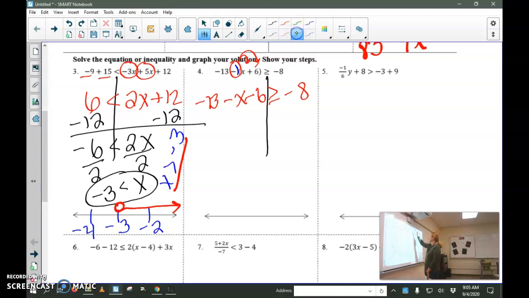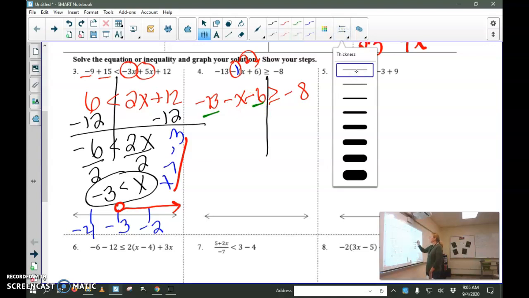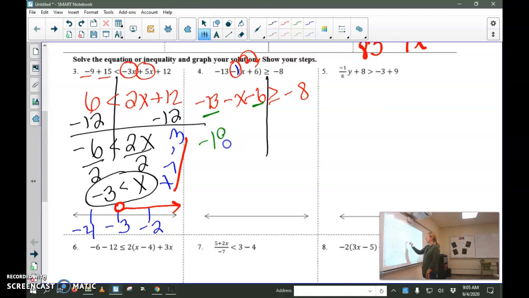Okay, I distributed. Now I check for combining like terms. On the left side, I do have like terms that can be combined. They're on one side of that inequality symbol, so I use the operations I see. -13 minus 6 is -19. I have this minus x greater than or equal to -8.